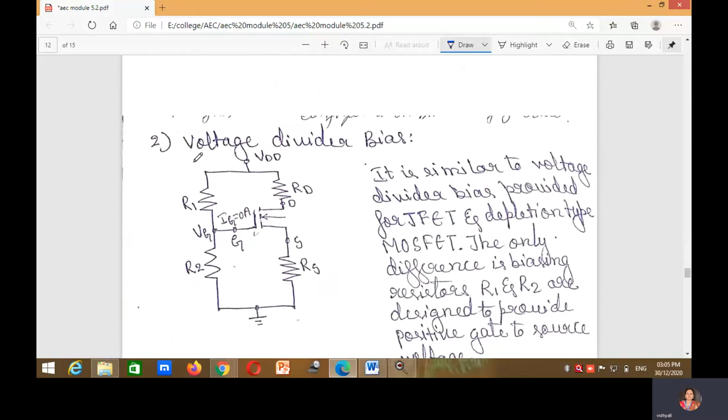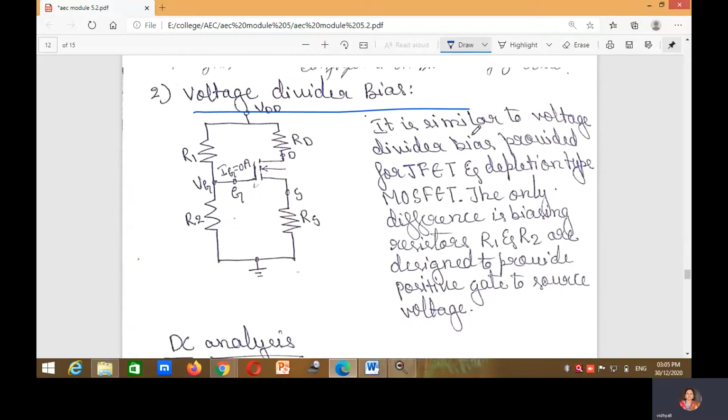Next is the voltage divider bias. It is similar to the voltage divider bias provided for JFET. We have already discussed it in biasing of JFET, in the subtopic voltage divider bias.